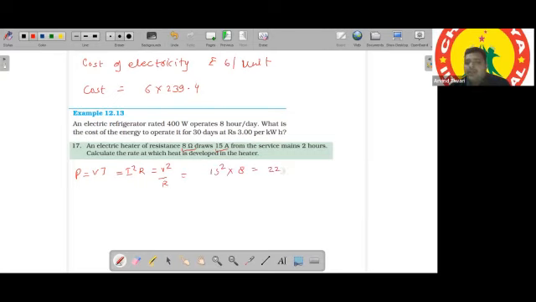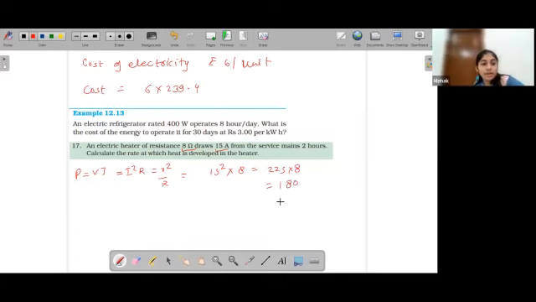So 225 multiplied by 8. That's the answer. So you get 1800 watt.